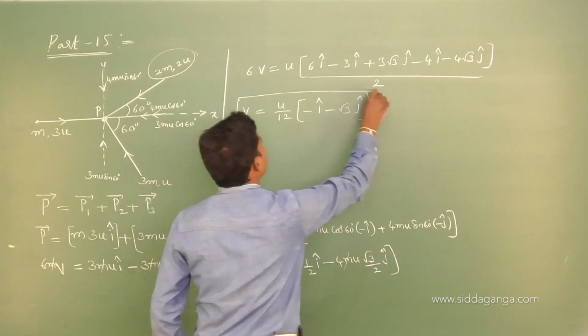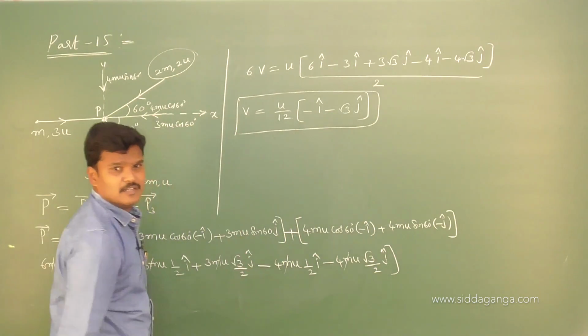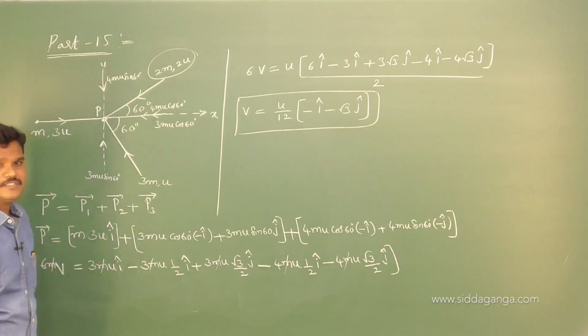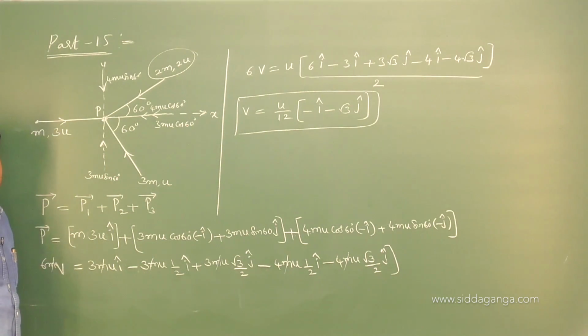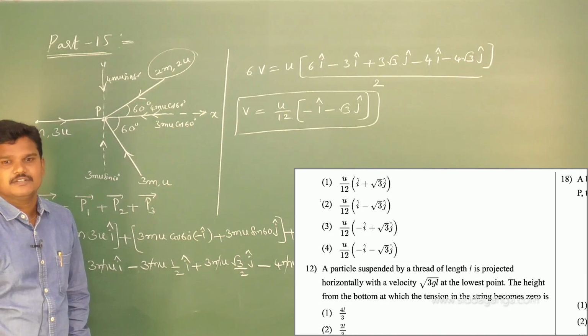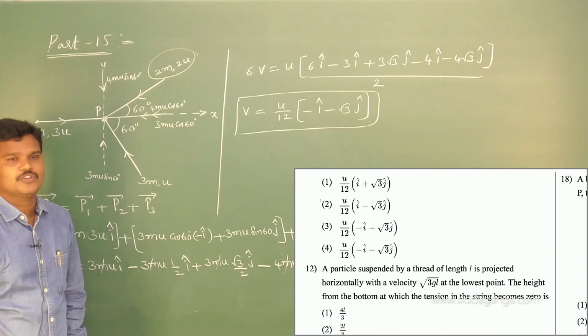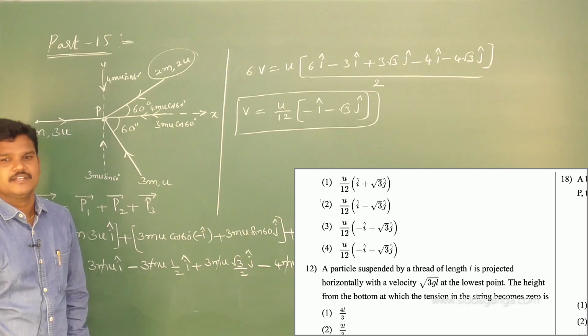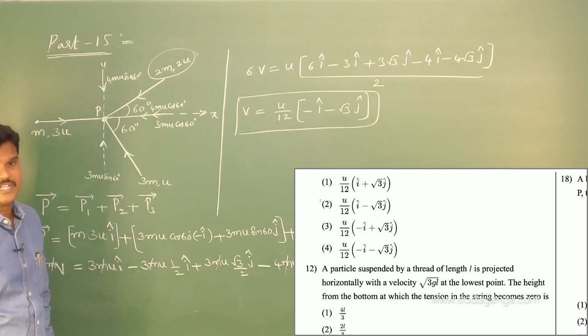Now we got v is equal to u by 12 times minus i cap minus root 3 j cap. See the answer. So the option is the fourth option, u by 12 minus i cap minus root 3 j cap.